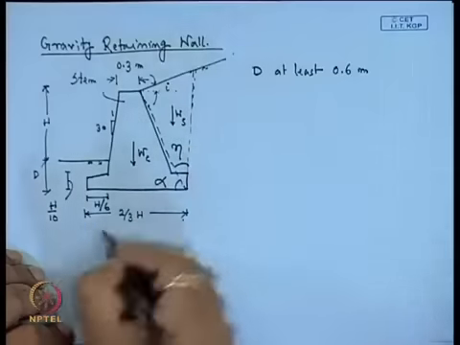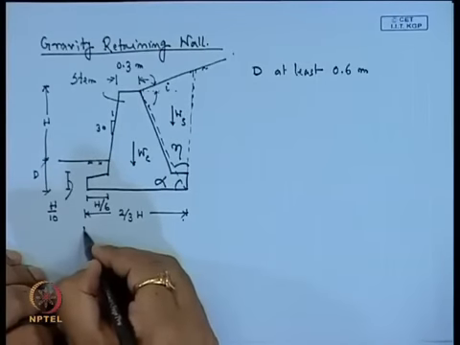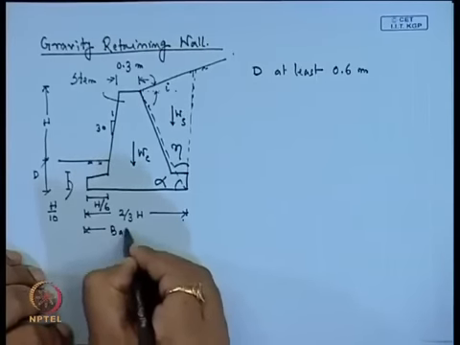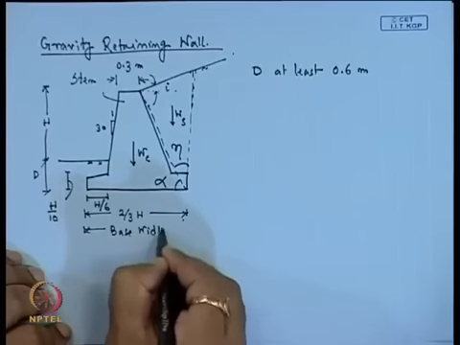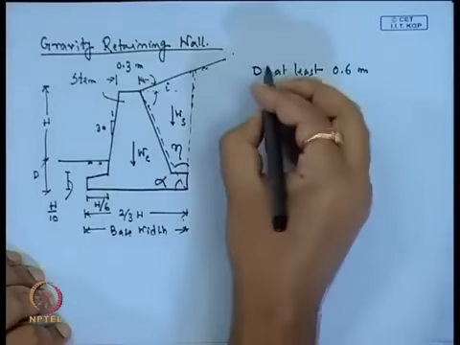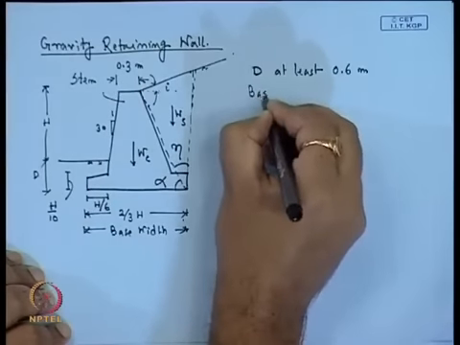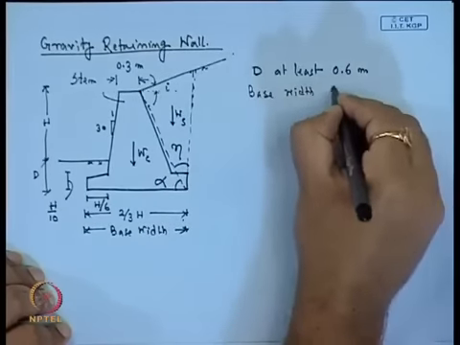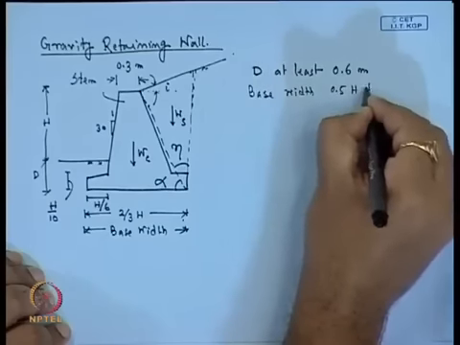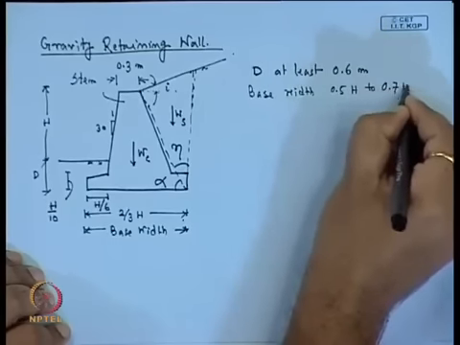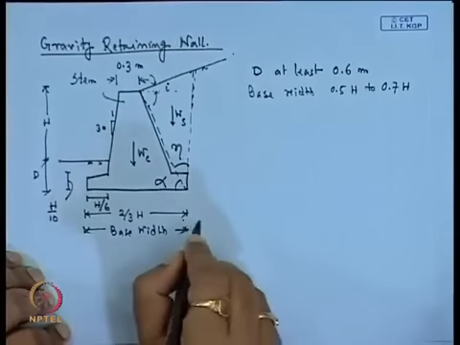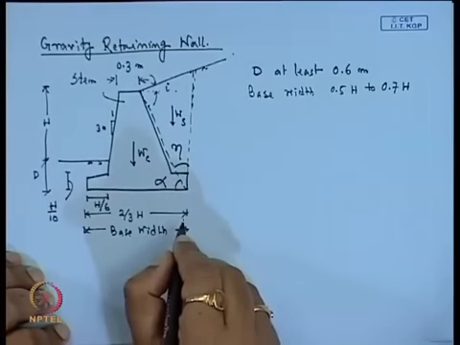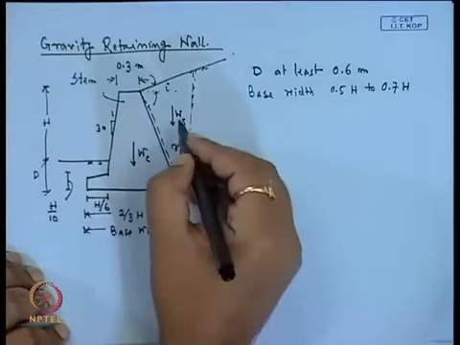Now, the base width of the retaining wall we can consider between 0.5 H to 0.7 H. Now, this earth pressure will act.